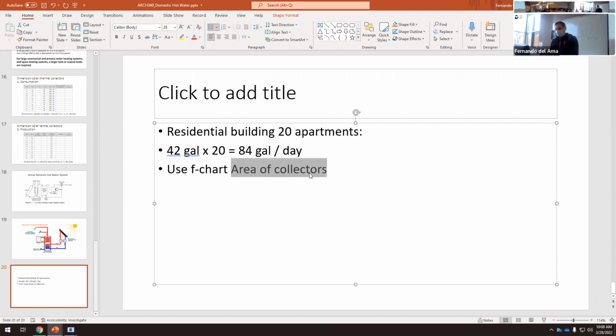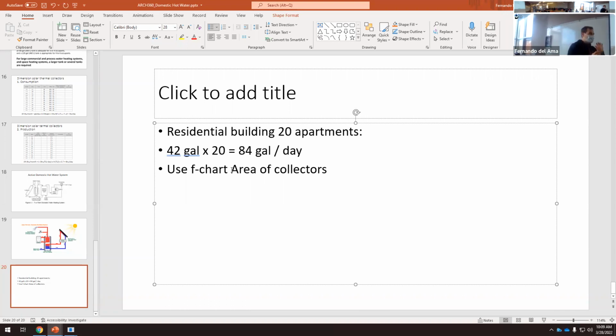I told you that this technology is not quite expensive, but the more collectors we use, the more expensive the installation will be. So we have to minimize the collectors that we need for the energy that we need, or the amount of water that we need to heat up. Okay, so it's not like how many collectors? 1,000.